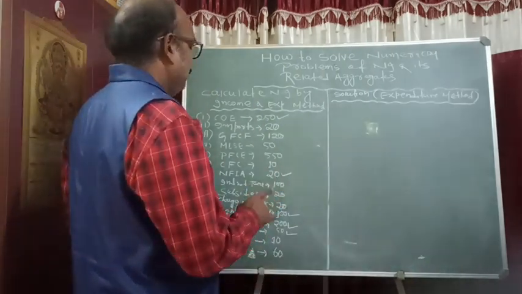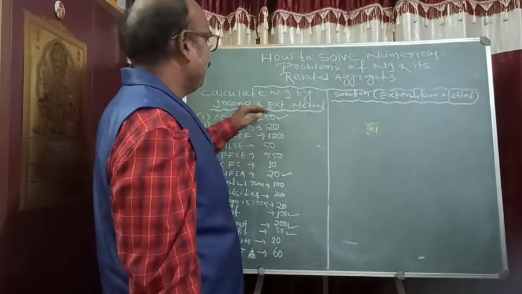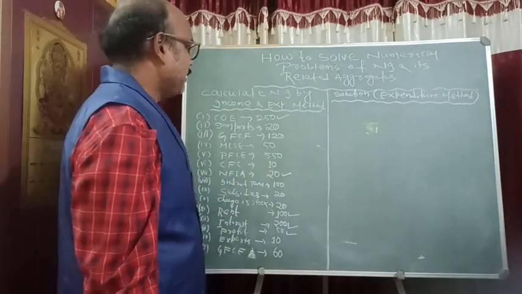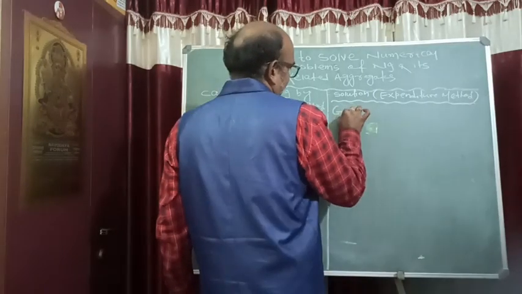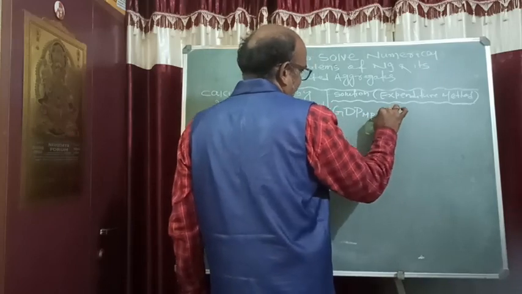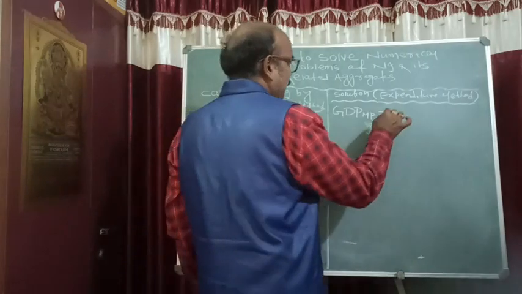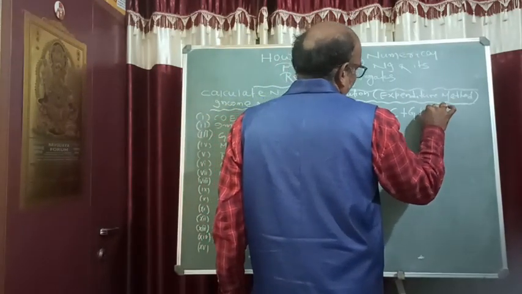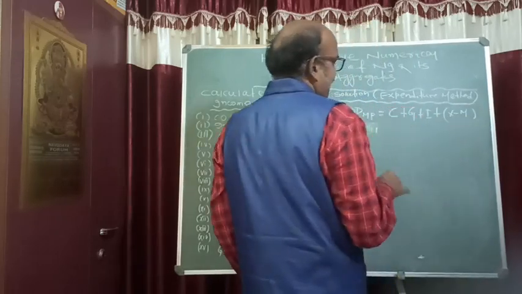So now expenditure method. Find out the national income of this given data through the expenditure method. So in the expenditure method, the related aggregates, as we have already discussed in the expenditure method class, GDP MP is equal to C plus G plus I plus X minus M. What is C?